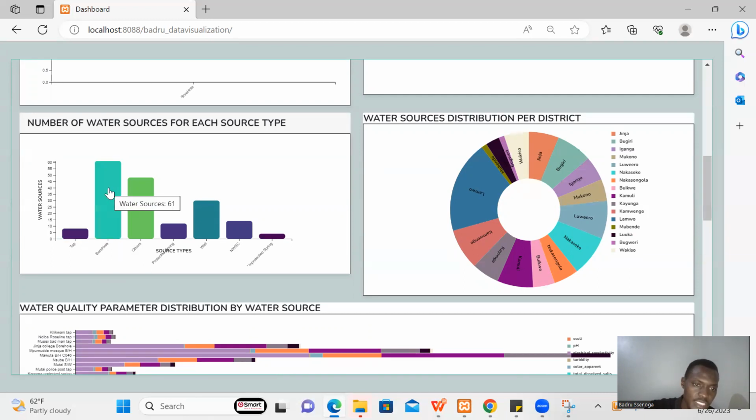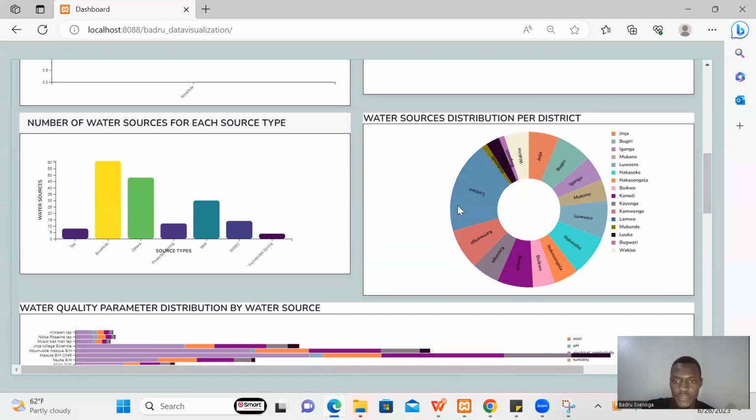Then for borehole, 61. Then other water sources, 48. Then protected spring, 12. Well, 30. NWSC, National Water and Sewage Corporation, then unprotected spring. So you are able to tell the number of sources where these samples were gotten from, and then compare with the other attributes.